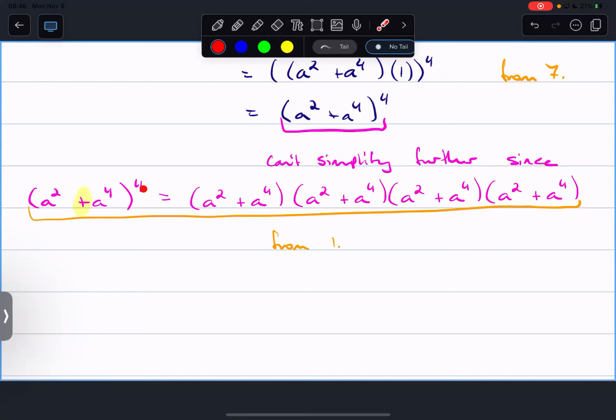Something to the power of 4 is that times that times that times that, right? So you can't go like a 2 plus 4 would be a to the 6 and a 4 plus 4 would be a to the 8, because it doesn't add up. Is it that way? Do you mean like multiply this inside here?